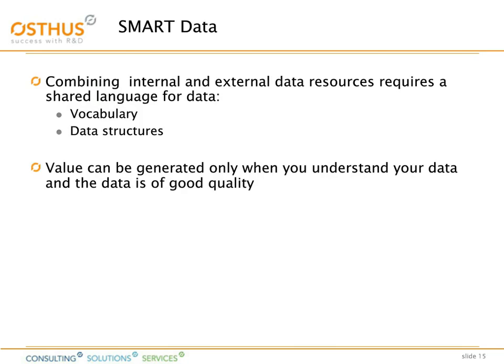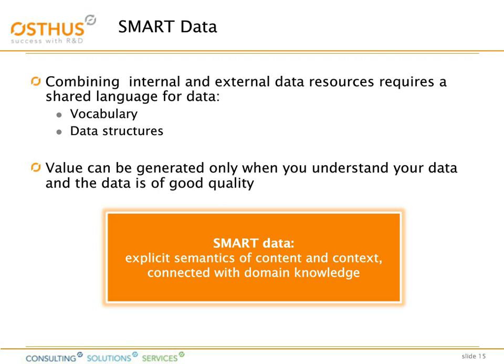In order to combine data successfully from different resources, you need two things: a shared vocabulary and shared data structures. And in order to create value out of your data, you need a good understanding of its content. That is exactly what smart data is about: explicit semantics of content and context connected with domain knowledge.